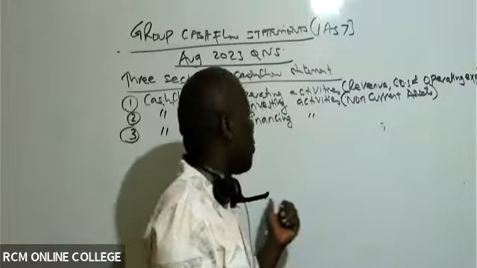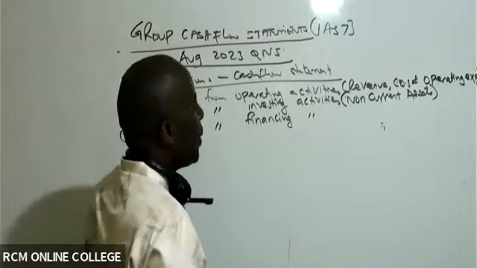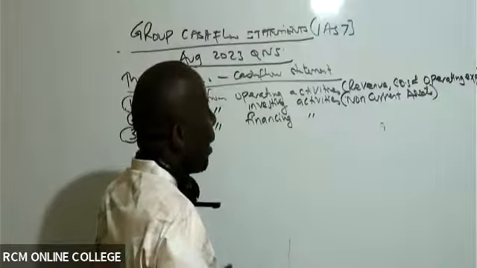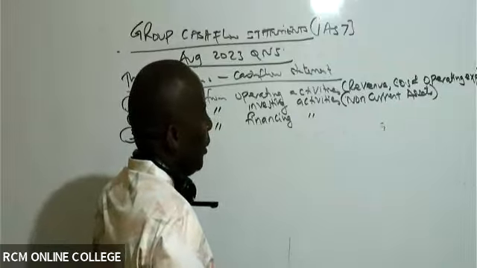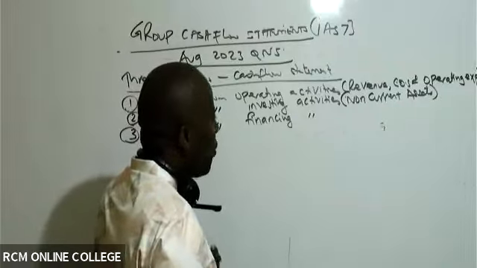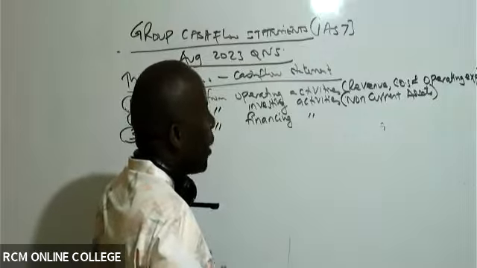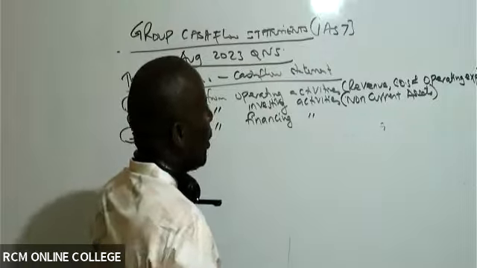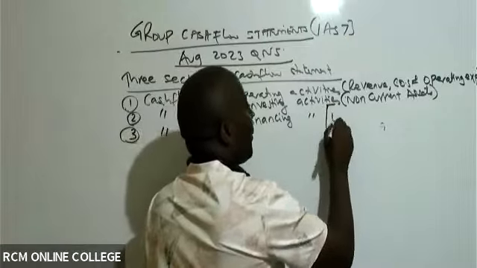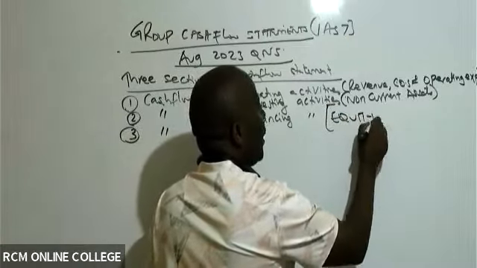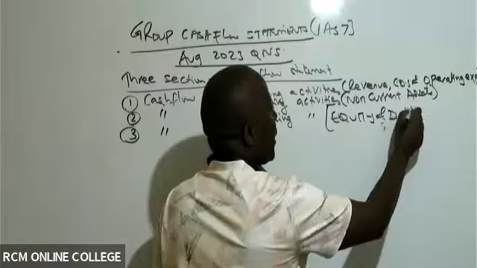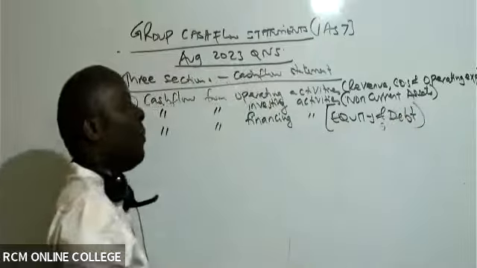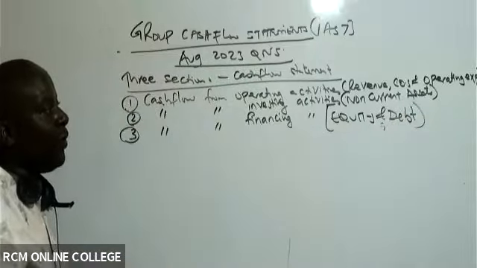And then when you talk about financing activities, we are looking at how we acquire this capital, how we acquire funds for running our company. So we are looking at equity and debt. At times we have preference shares, but preference shares are not very common.